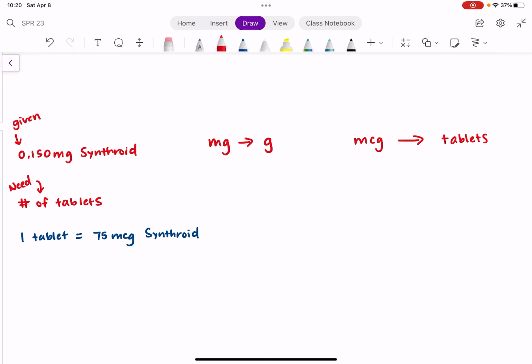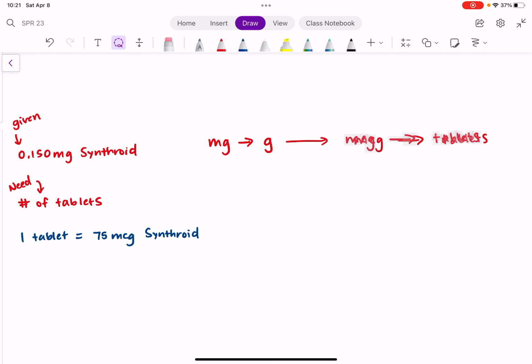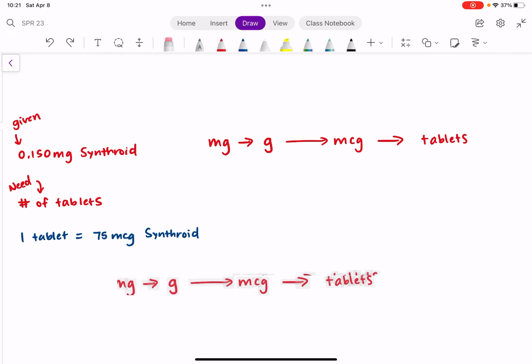And then I also know the equality from grams to micrograms, right? I know how to get from milligrams to grams and vice versa. What I don't know is how to get from here to here directly. And you can actually do it using scientific notation, but I never really do that. I find it easier to just write it all out. But you can if you want to. Okay, so this is my general problem solving strategy for this problem. So let me move this down here.